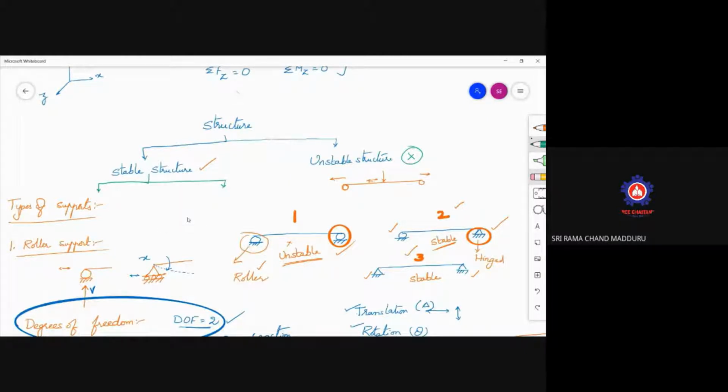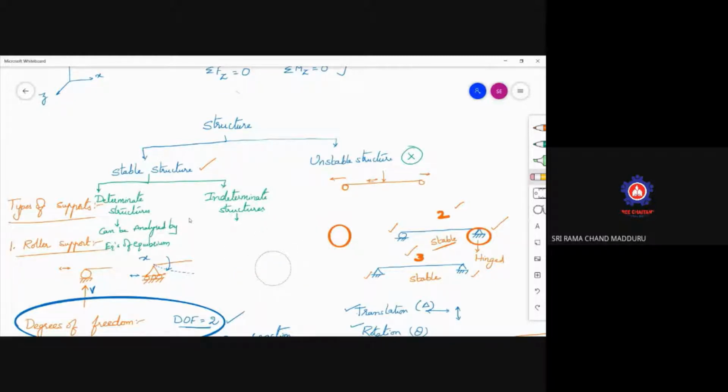So they will be classified as determinate structures and indeterminate structures. These determinate structures can be analyzed by equations of equilibrium.